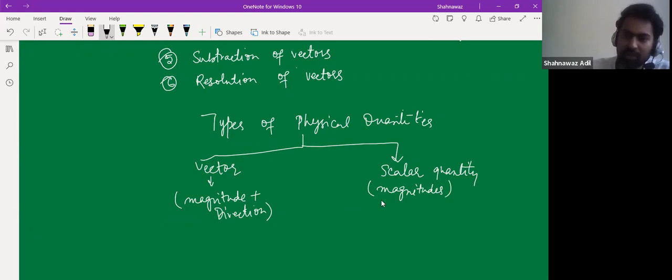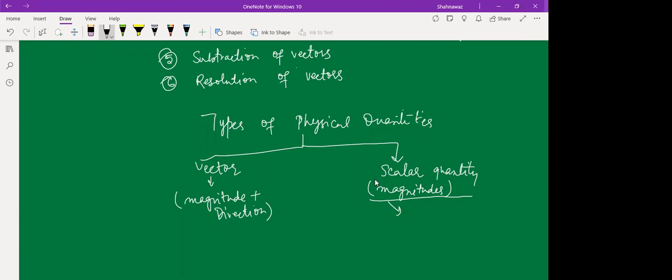Okay, so can you tell one scalar quantity? You have already studied about the vectors. Which physical quantity is a scalar quantity? Can you give one example of a scalar quantity? Volume.